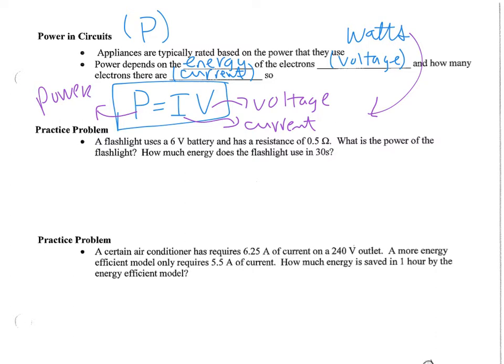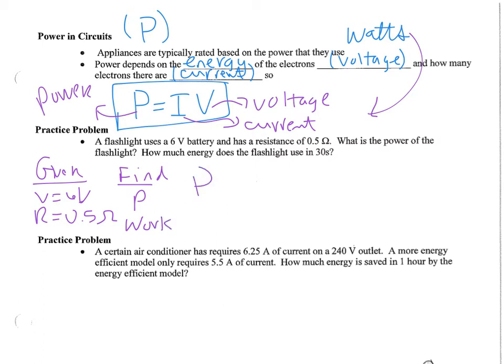So a flashlight uses a 6-volt battery and has a resistance of 0.5 ohms. What is the power of the flashlight and how much energy does the flashlight use in 30 seconds? So here we're given the voltage is 6 volts. The resistance is 0.5 ohms. We're looking for the power and we're looking for the energy. How much is it using? So that's work.